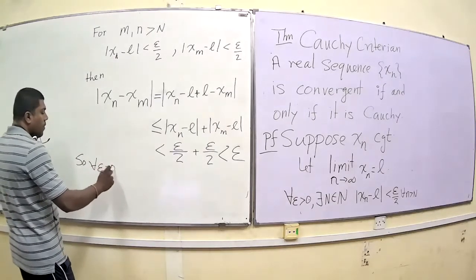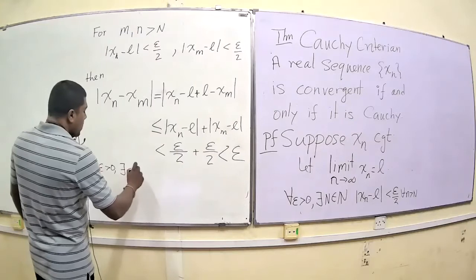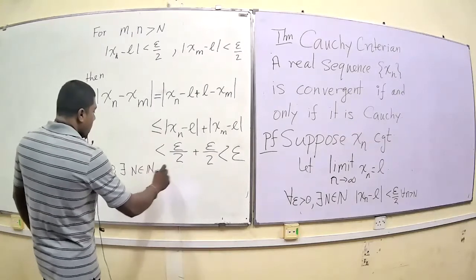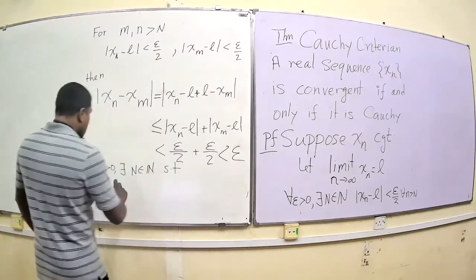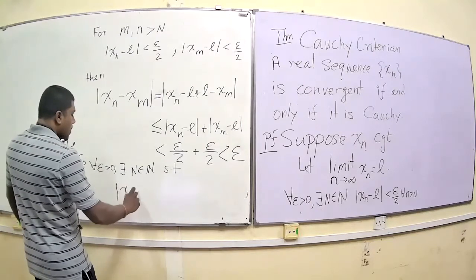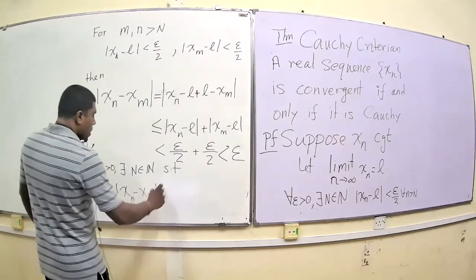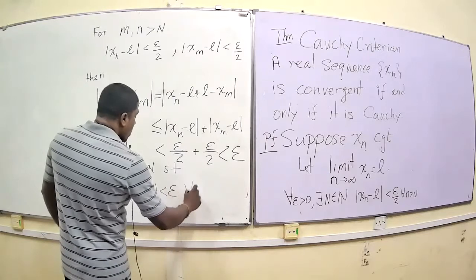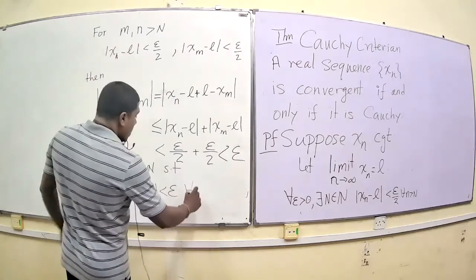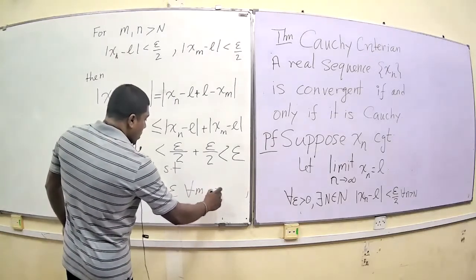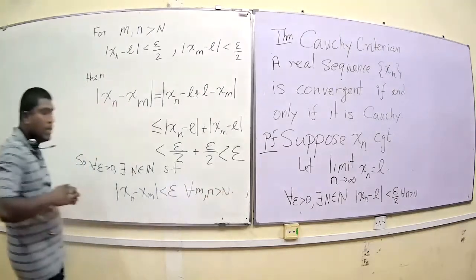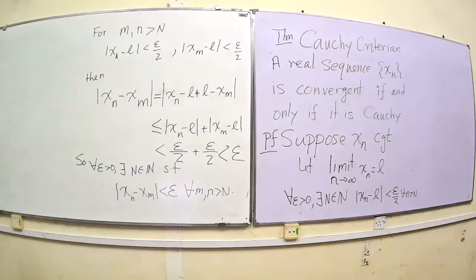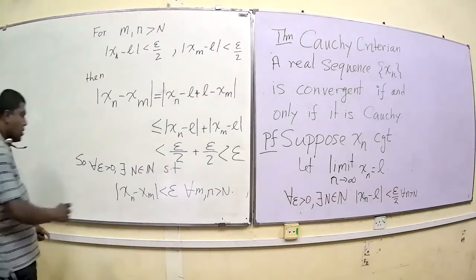So for all epsilon positive, there exists capital N belonging to the natural numbers such that |xn minus xm| is less than epsilon for all m, n greater than N. That is the definition of a Cauchy sequence.